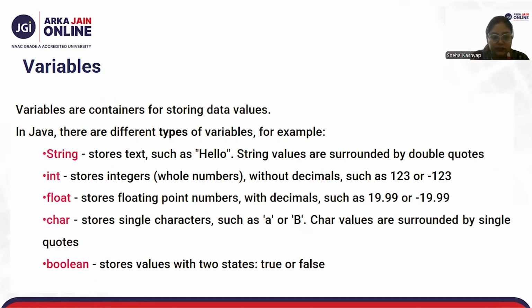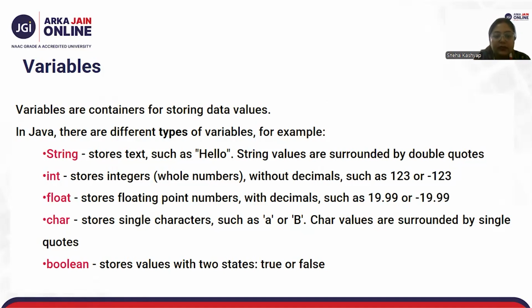Next is integer. Integer stores whole numbers without decimals. It does not store fractions, only whole numbers. Next is float. Floating point stores decimals and can store up to 6 to 7 decimal places.